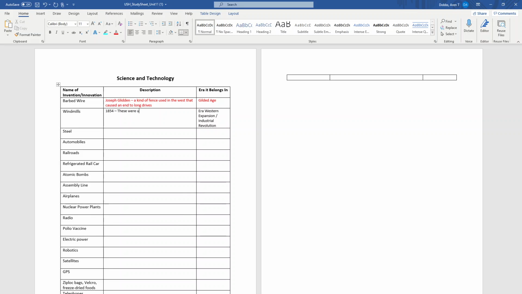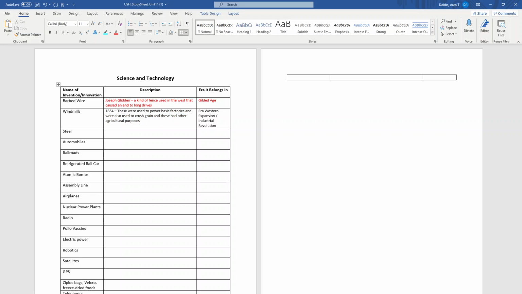These were used to power basic factories and were also used to crush grain, and these had other agricultural purposes.